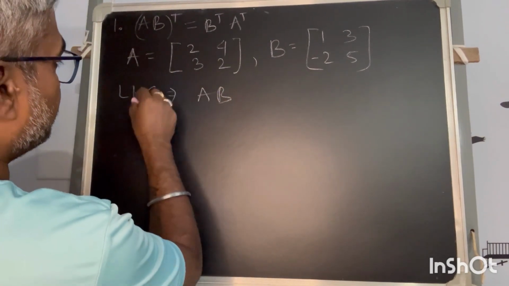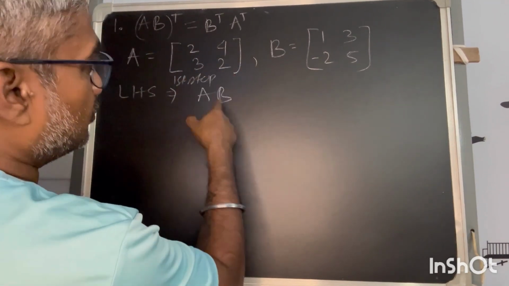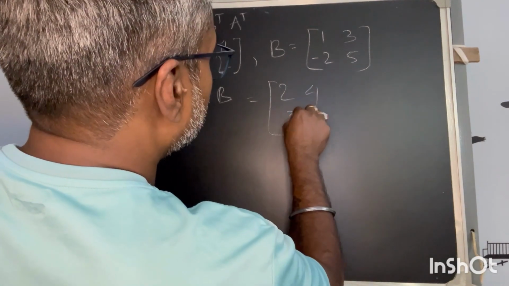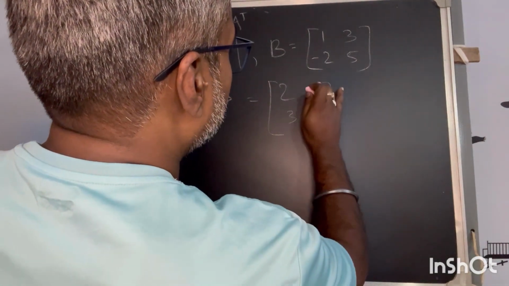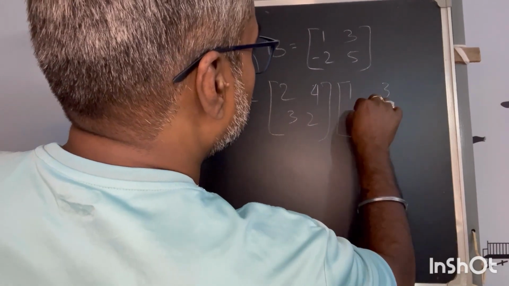This is the first step: multiplication. So you write 2, 4, 3, 2 cross 1, 3, -2, 5.